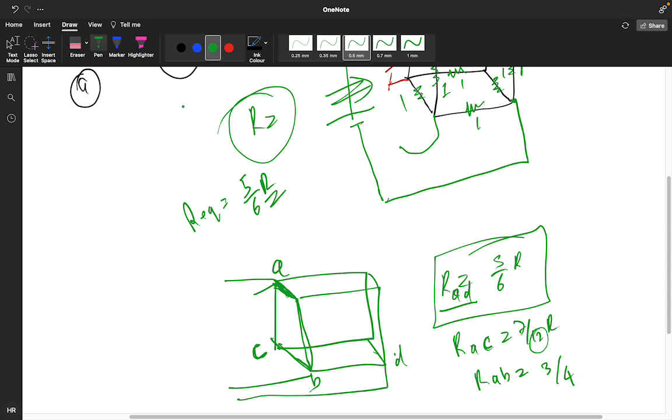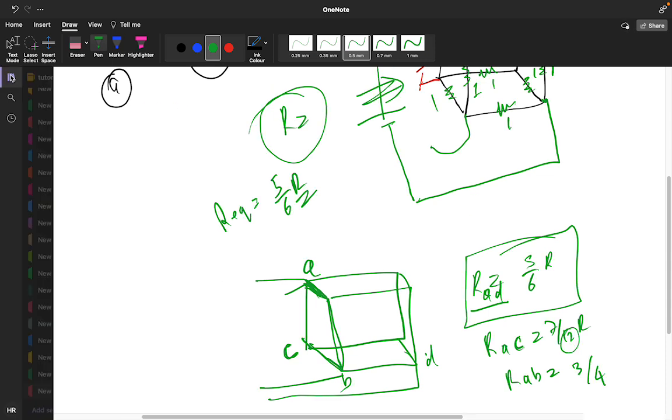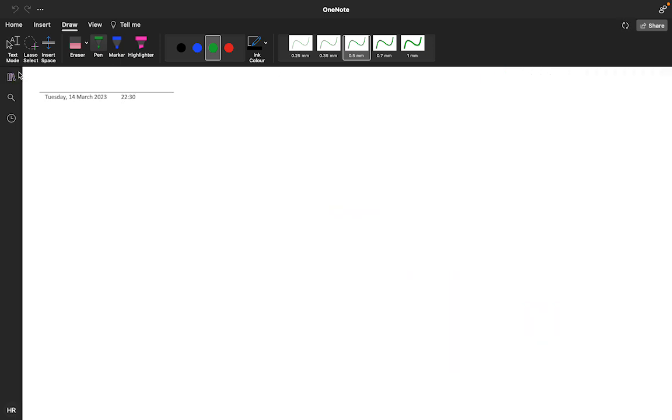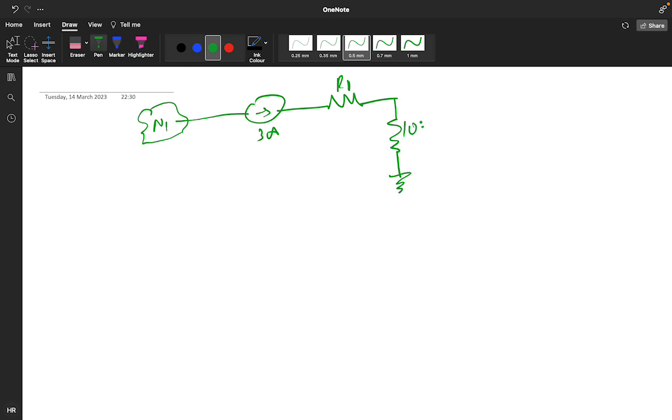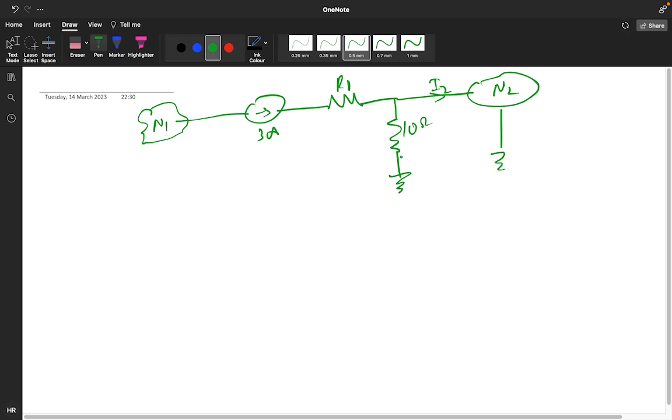Now guys, you have another circuit. Consider the following circuit. You have a network. This is your 3 ohm, this particular is R1, this is 10 ohm, and this is your I2, this is your N2.